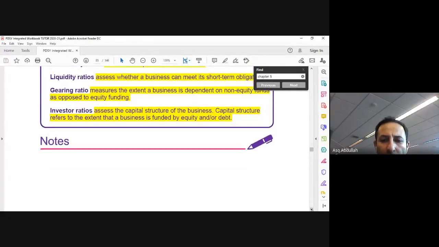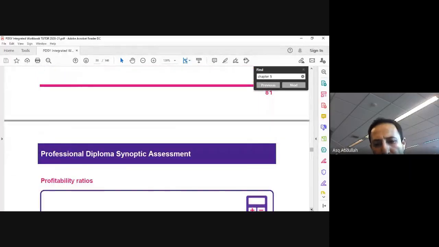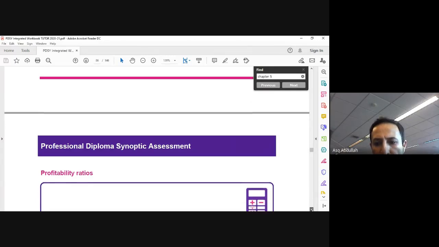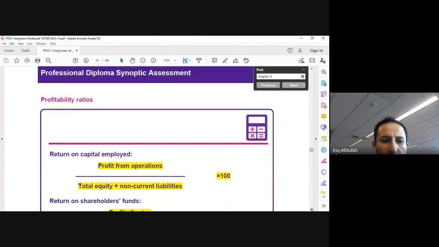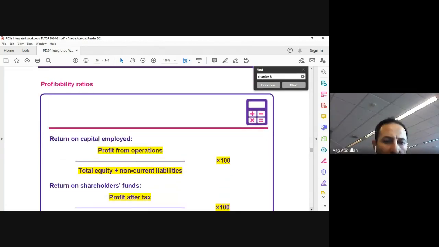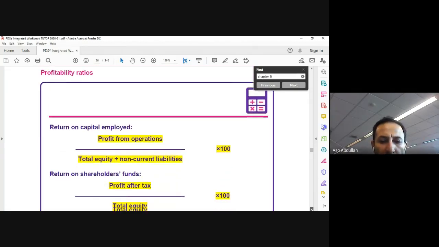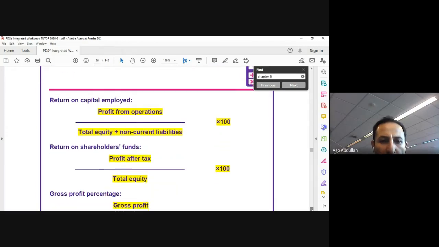So as I explained, based on my understanding, this chapter is really interesting, and it involves calculating, and you should not lose any mark for this chapter, any question relating to ratio analysis.